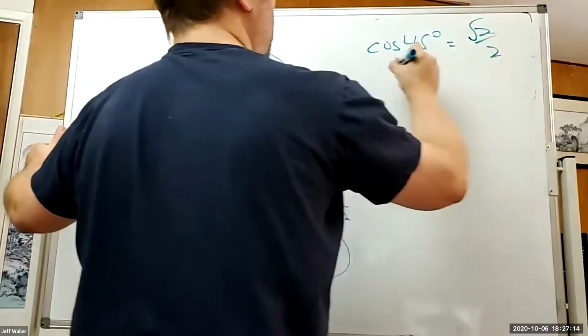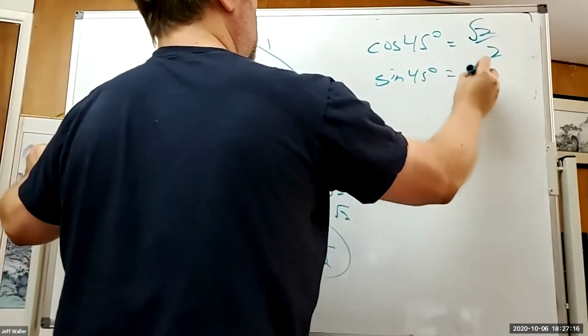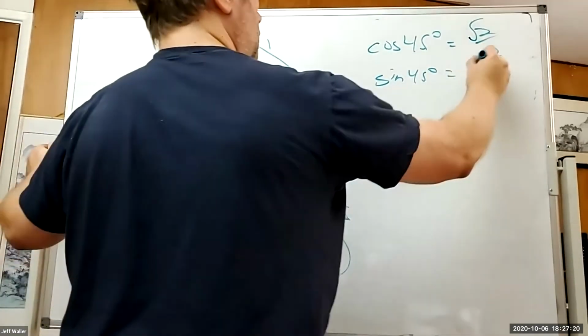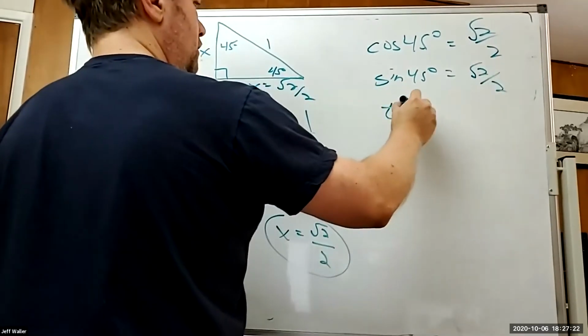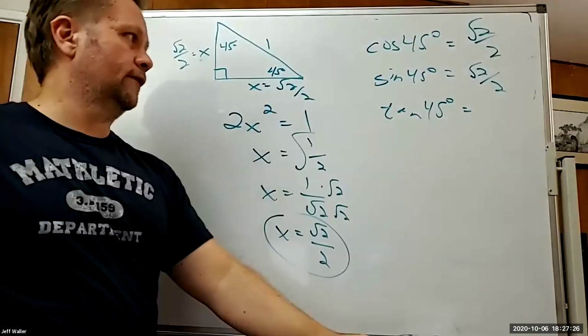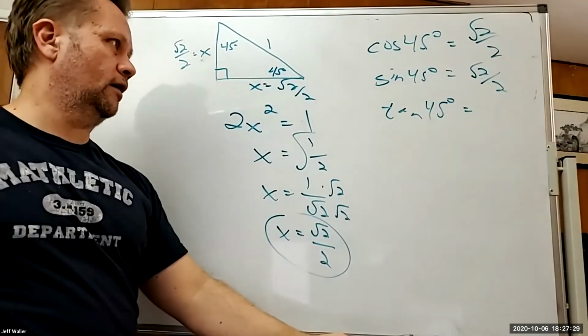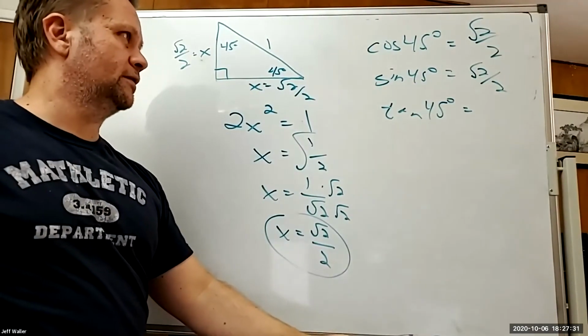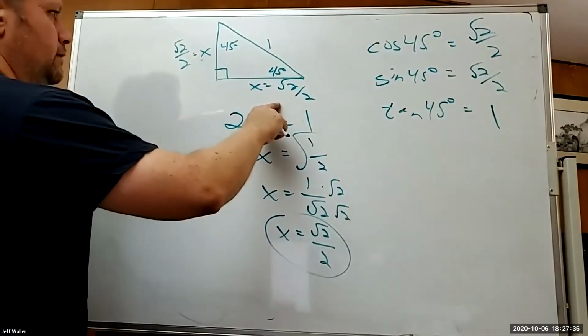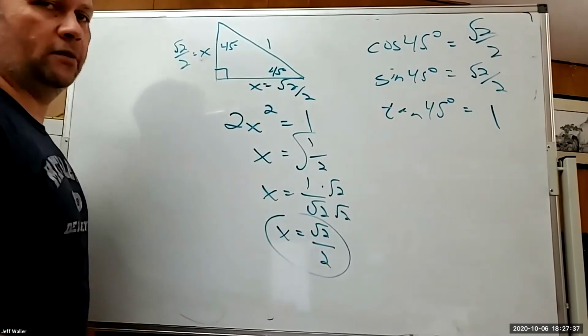What's sine of 45? Rad 2 over 2. Craziness. And what's tangent of 45? This kicks ass. Isn't it just 2? Nope. Careful. 1? 1, because it's going to be this divided by this, which is 1 divided by itself.